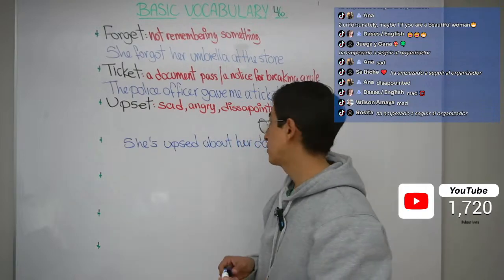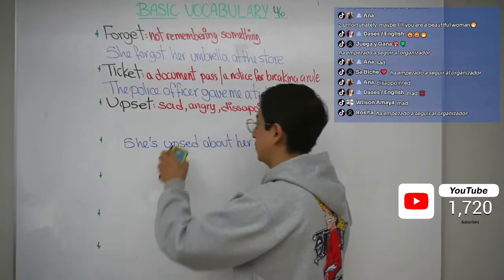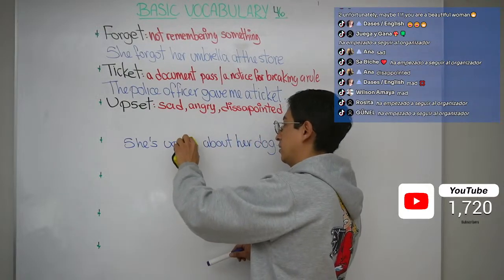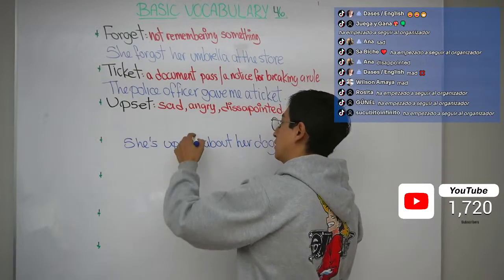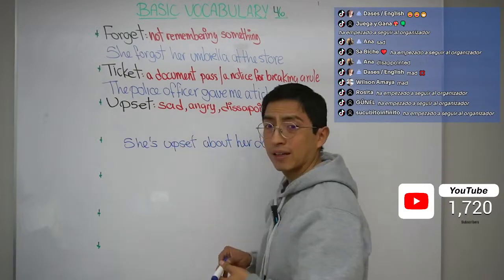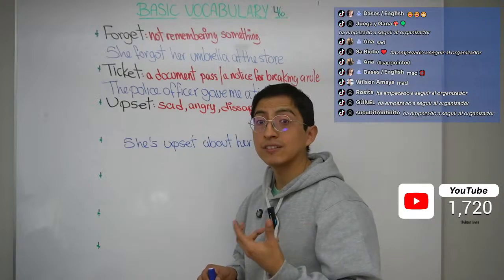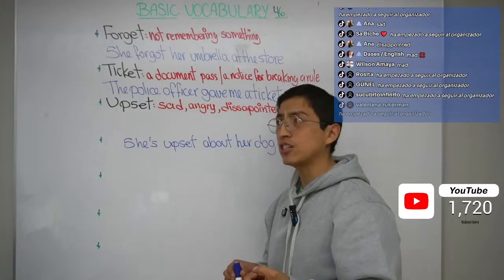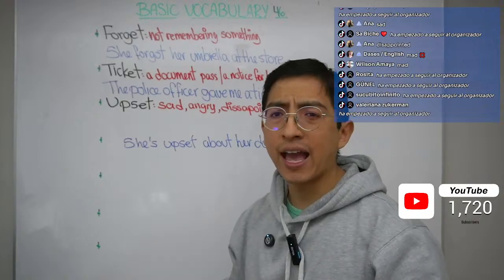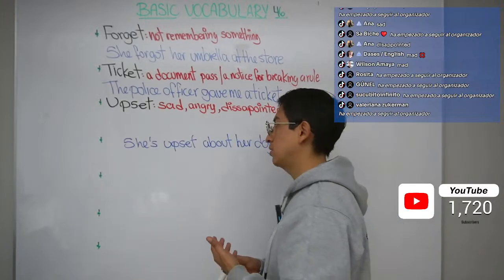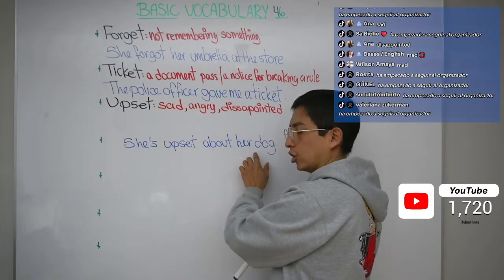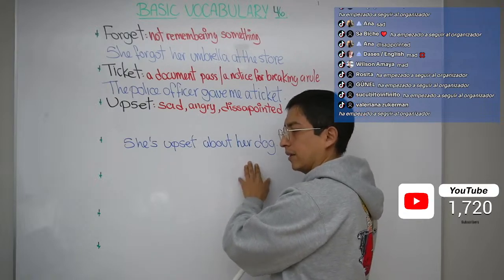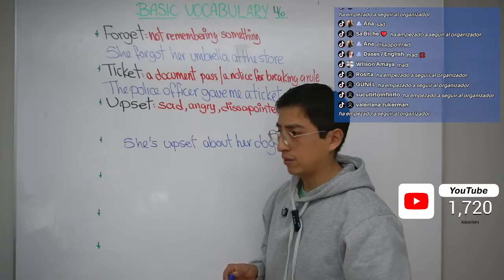Look at this. Oh my gosh. I made a mistake here. See? She's upset. In this case, she's sad. Something happened and she's upset. She's a little sad about her dog. Okay. That's what you can say here, no?